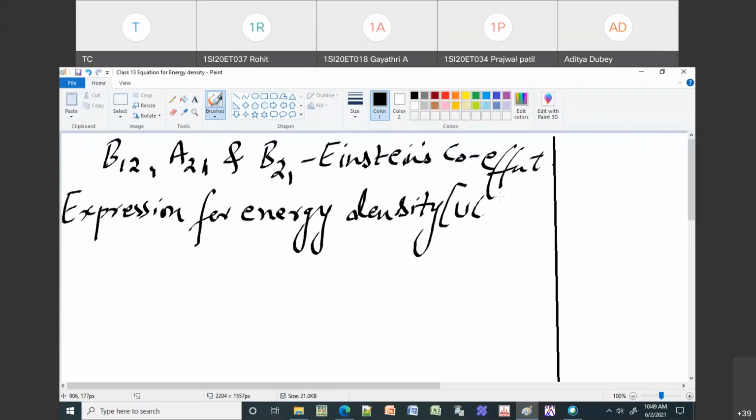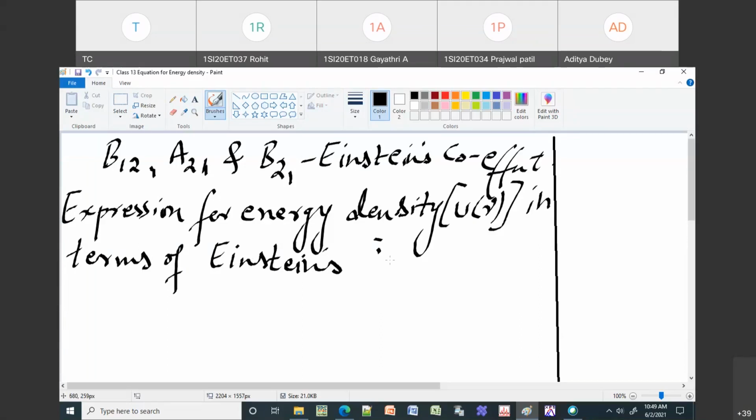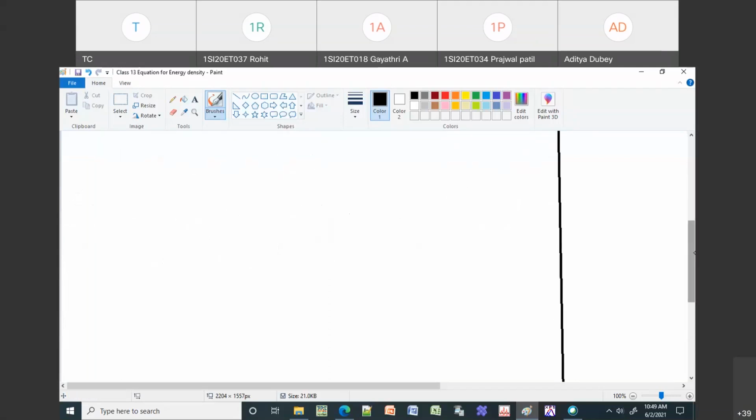So you should get U of nu in terms of your Einstein coefficients, which are nothing but B12, A21, and B21. That is the main aim of this derivation.